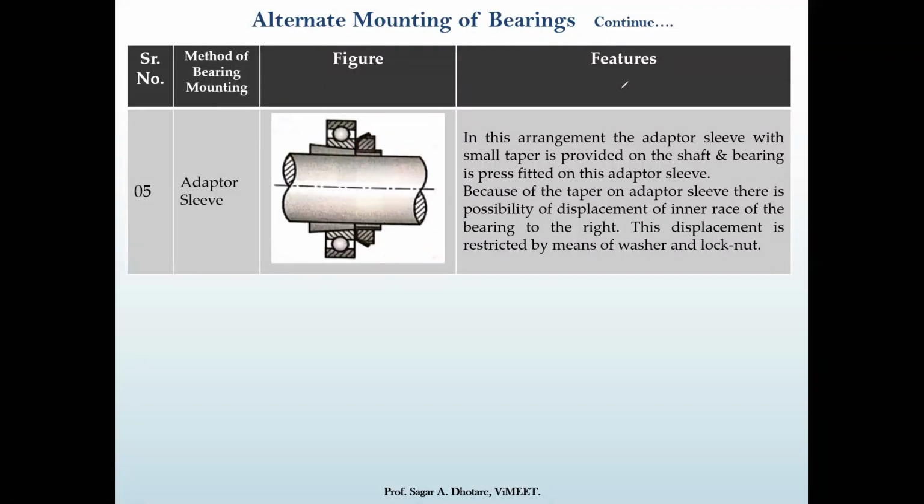The displacement is restricted by means of a washer and lock nut. Whenever steps are not provided and we have to directly mount or install the bearing, you can use this type of arrangement.